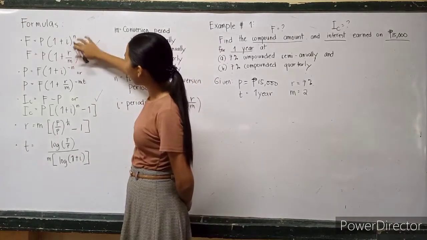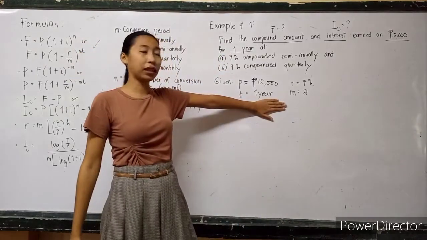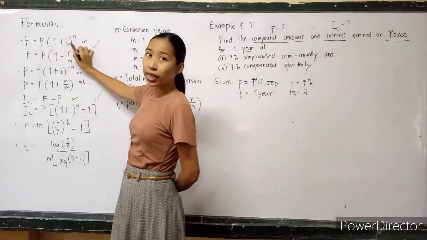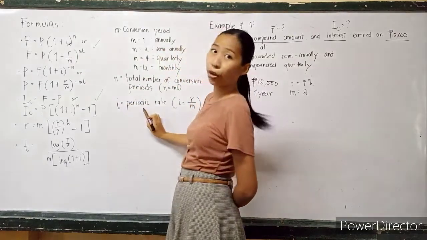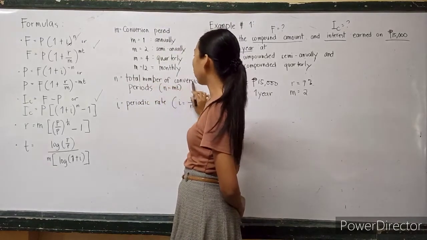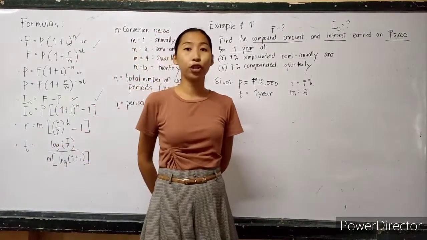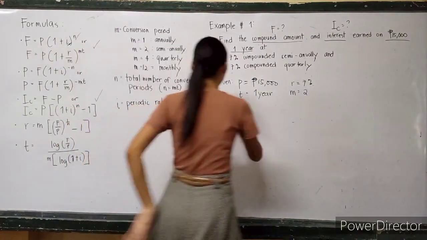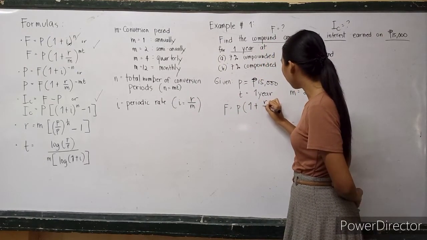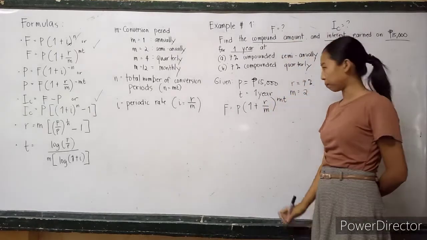Now, we are going to look at the formulas to see which is available for our given. We can see that I, your periodic rate, is not given directly. Your N, which is your total number of conversion periods, is also not given directly. Right? So, we will use this extended version. So, F is equal to P times 1 plus R divided by M raised to the power of M times T.